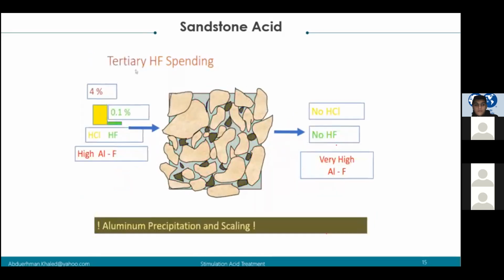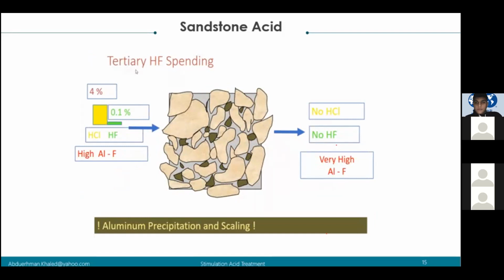And finally, there is a tertiary spending stage. The 4% HCl and 0.1% HF will react even further to spend all the HCl and HF, and you end up with a solution with very high aluminum fluoride compounds. In fact, you will have a risk of precipitating and scaling in the wellbore.